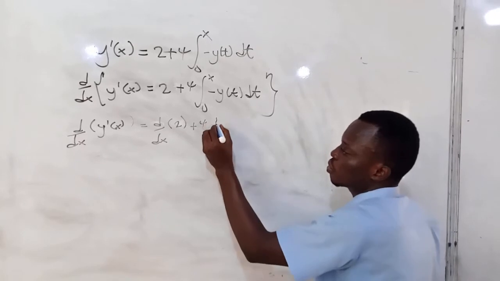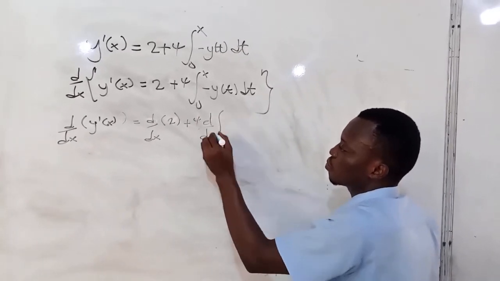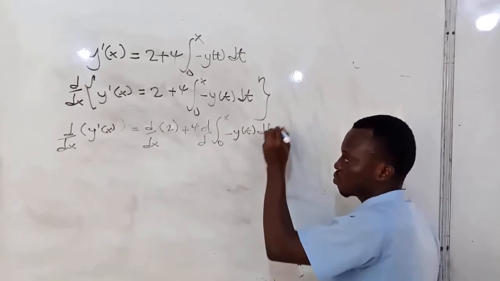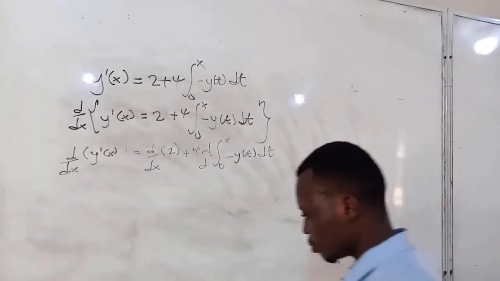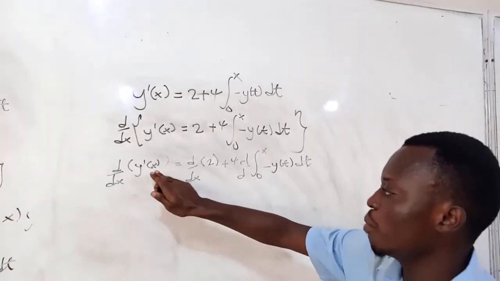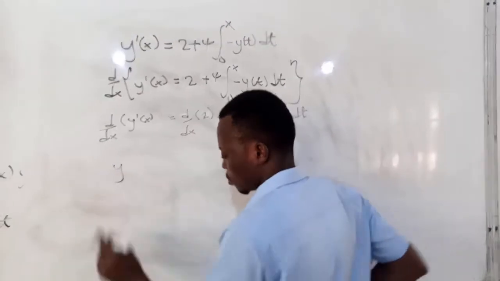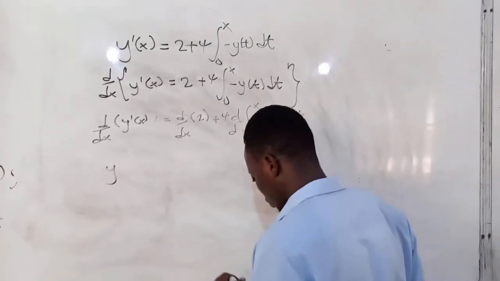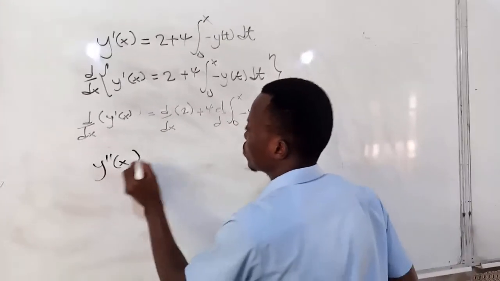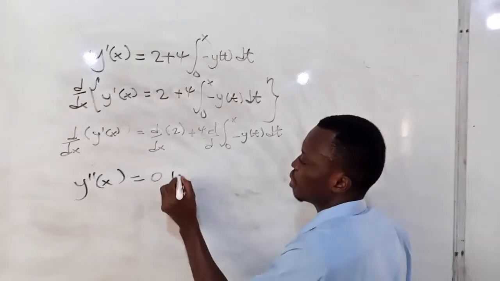So for d/ds, if you differentiate y prime of s, it becomes y double prime of s. If you differentiate 2, 2 is a constant, so that becomes 0, plus.